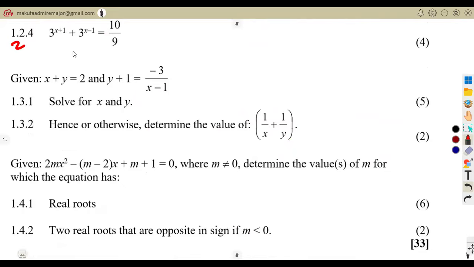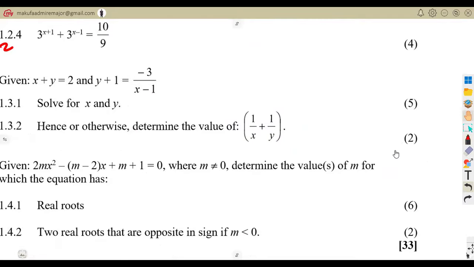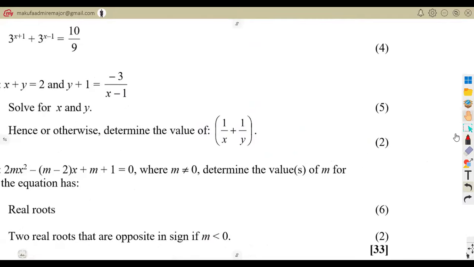On 1.24, solving this equation, we are back to our exponential equations. That's 1.24. So if you're to consider, they were given 3 to the exponent of x plus 1 plus 3 to the exponent of x minus 1 is equal to 10 over 9. We dealt with our exponents, guys, to an extent that we must be able to understand these typical questions.